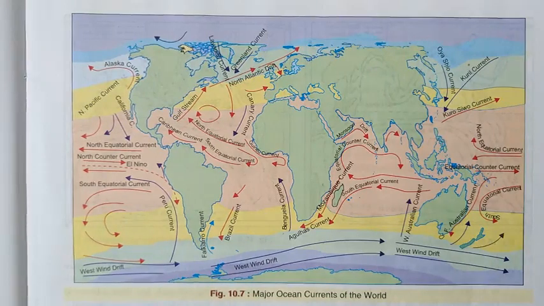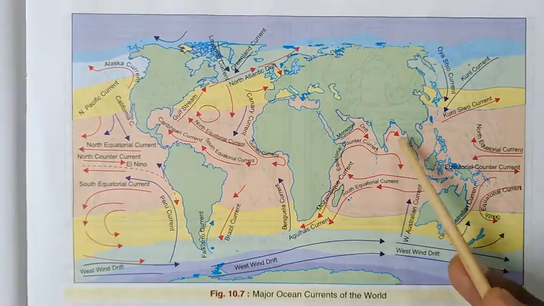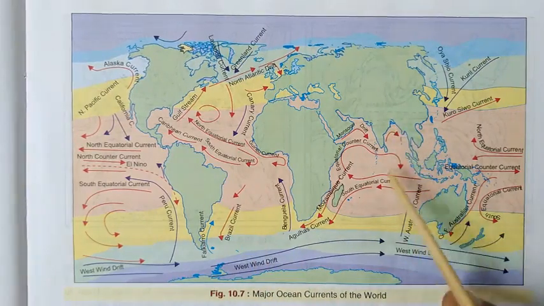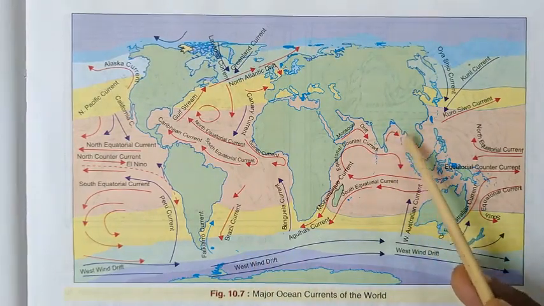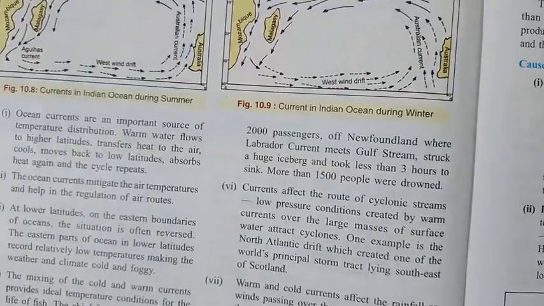Because the currents are warm, the whole water is warm, so the atmosphere above it is also warm, and that creates a low pressure, and that low pressure attracts the cyclone. This is why cyclones always hit these areas, because a low pressure is formed here. Why? Because of the warm currents. Okay, now let's come back here.